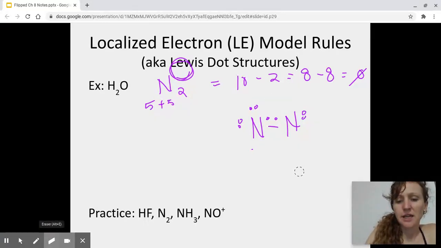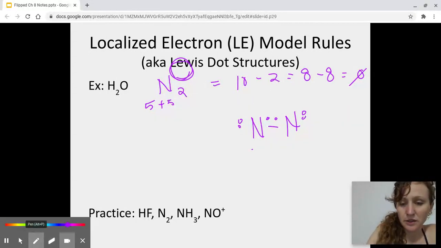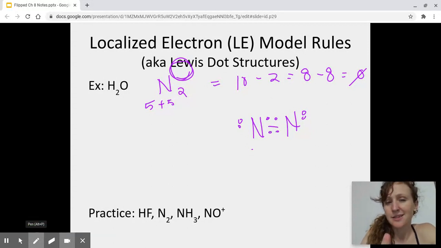So we're going to take electrons off of this nitrogen on the left. We're going to put them in the middle. And I'm drawing them as dots. So you can see that I removed 2 and I put 2 in the middle. But you can draw them as lines also. Okay, so I still have only used 10 electrons, 2, 4, 6, 8, 10.